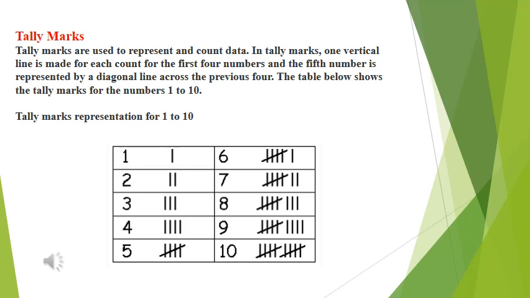We write 4 vertical lines, and the fifth one is represented diagonally, crossing the previous 4. The given table shows the tally mark representation of 1 to 10.